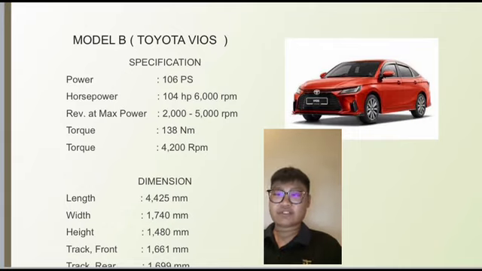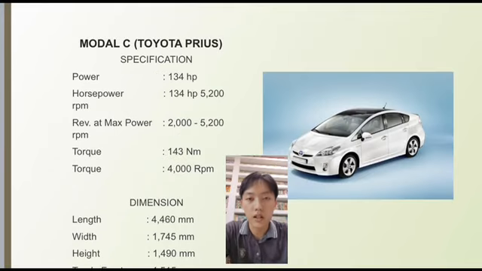For the dimension, the length is 4425 mm, width is 1740 mm, and the height is 1480 mm. The track front is 1661 mm, the rear is 1690 mm, and the last is the wheelbase, which is 2620 mm.